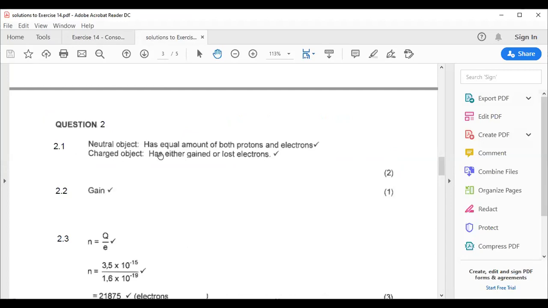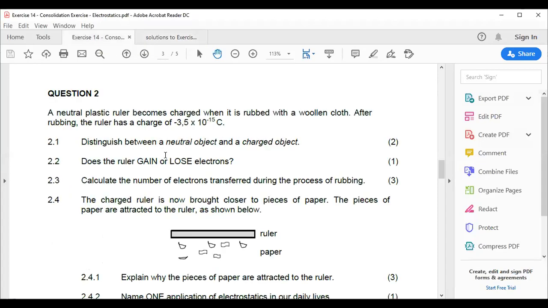Then a charged object has either gained or lost electrons, or you can put it another way to say it has more protons than electrons, or more electrons than protons. Or you can simply say the number of protons is not the same as the number of electrons. That would be a charged object, right? Then we move on to the next one.